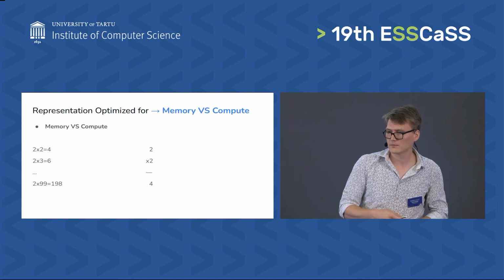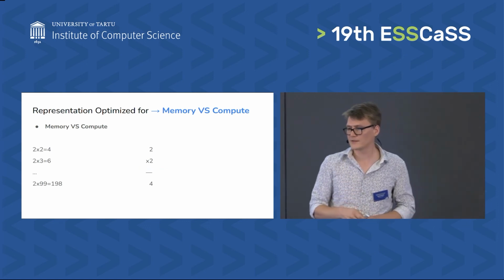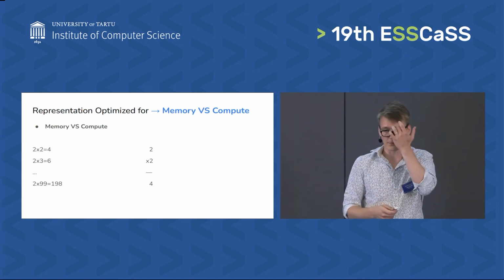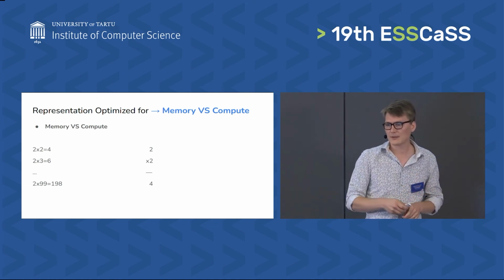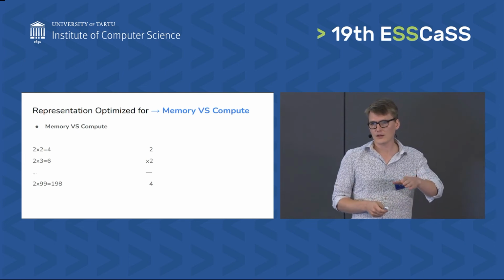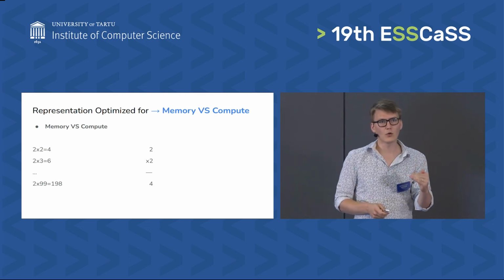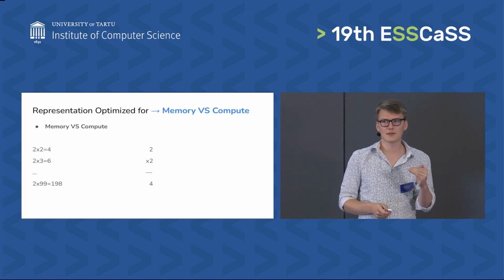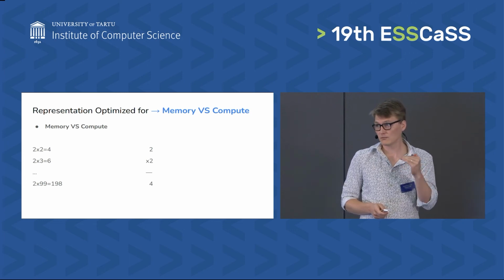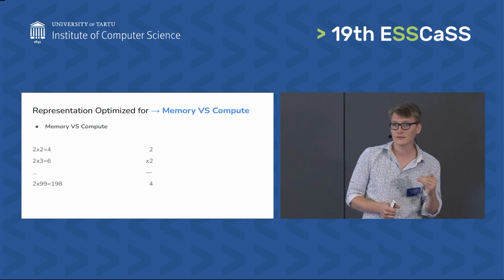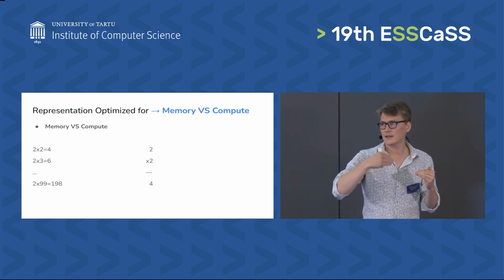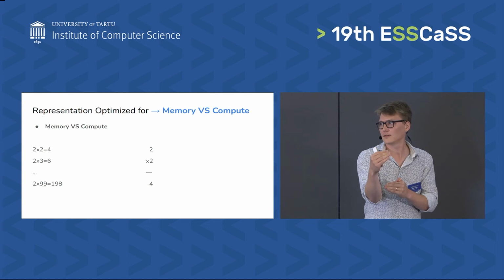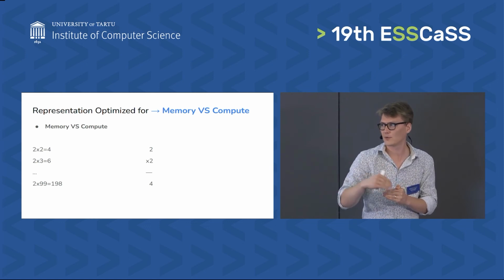For example, you can optimize for different things like memory versus compute trade-off. This is an example of a multiplication table. Let's say you could either memorize all the possible different multiplications by heart. It requires a lot of memory and a lot of training, but the advantage is that if it is actually committed to memory, then the response is fast, right?